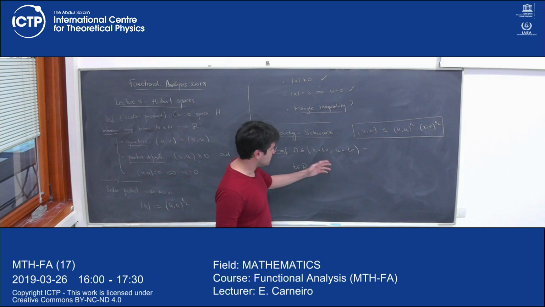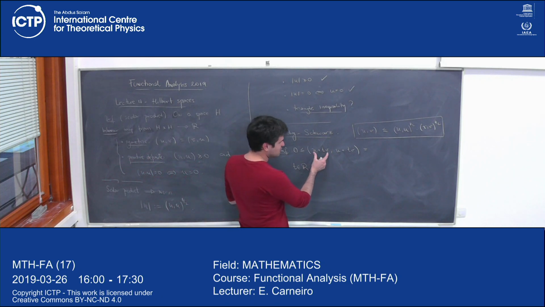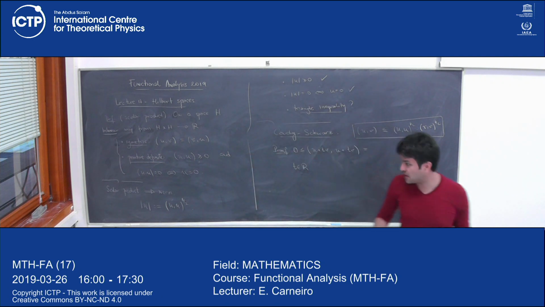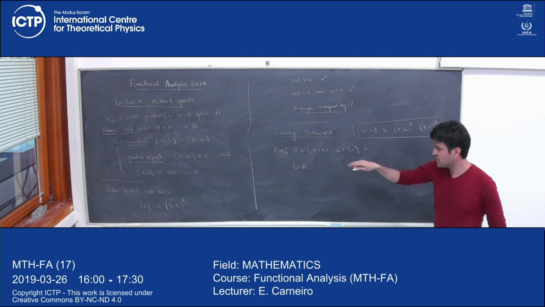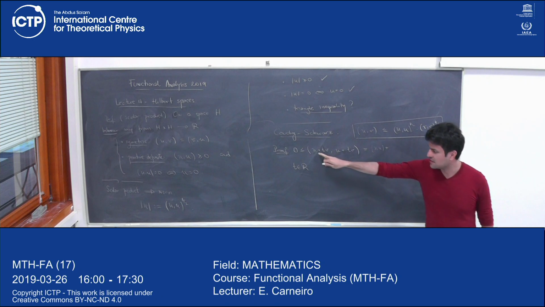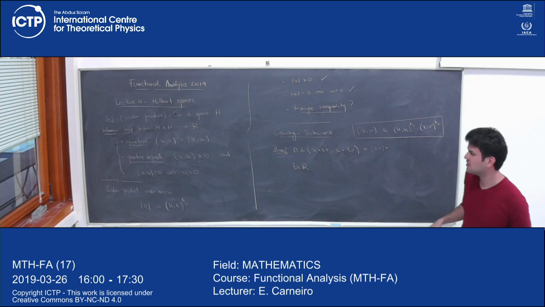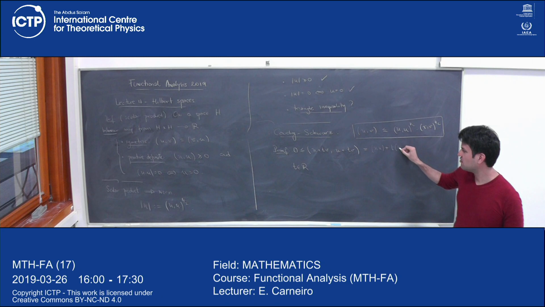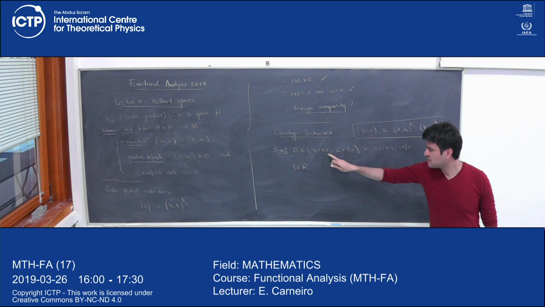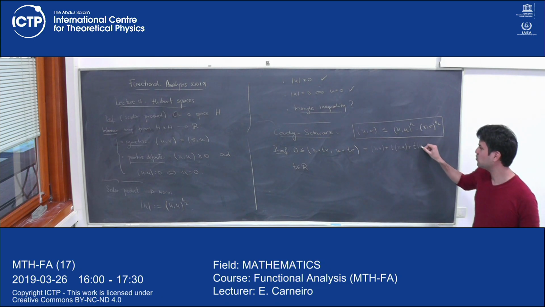So if you open this whole thing up, you get u scalar u plus, first with first, this with this, tv scalar u plus, this with this, tu scalar v plus t squared v scalar v.